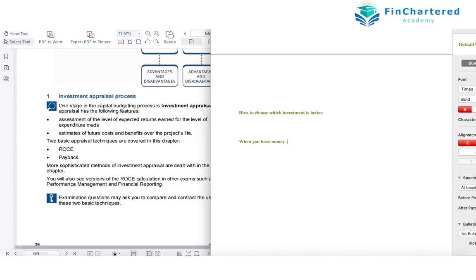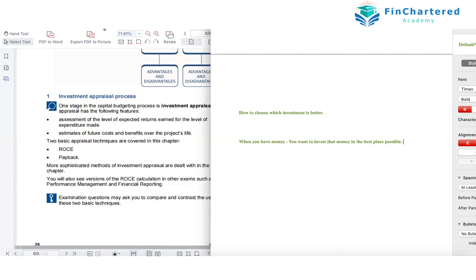When you have money, you want to invest that money in the best place possible. So that is why you are learning about investment appraisal, where we will teach you how to decide where to put in your money.